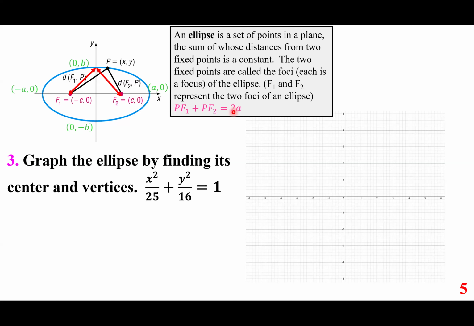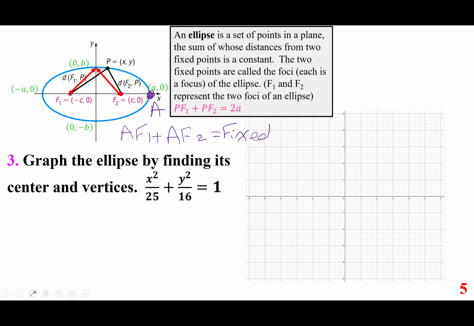So as far as getting to 2A, you can pick this point, let's call this A. Then the distance AF1 plus AF2 is fixed.